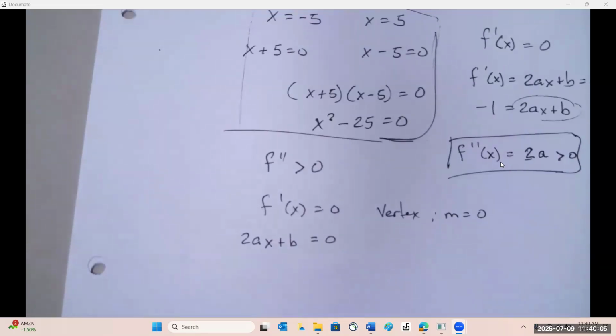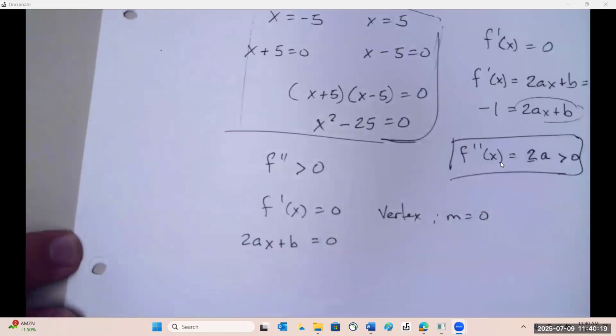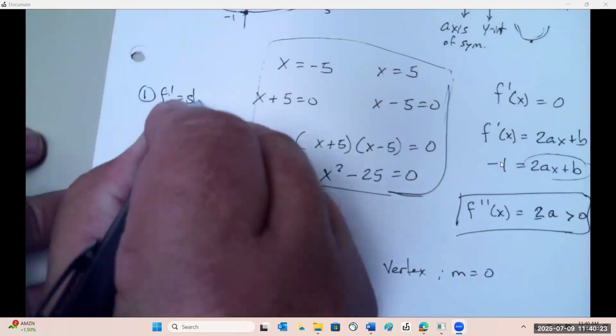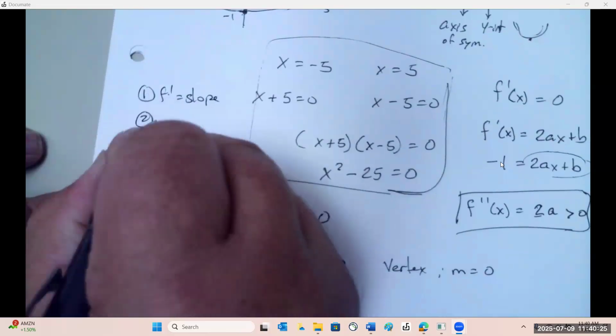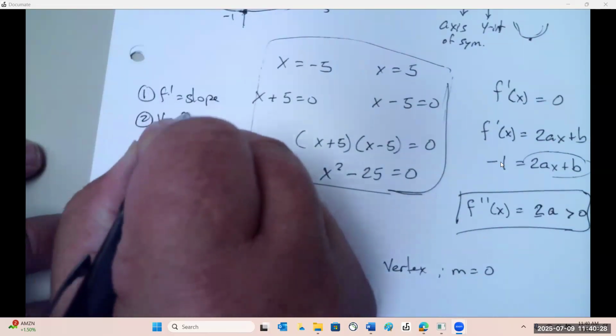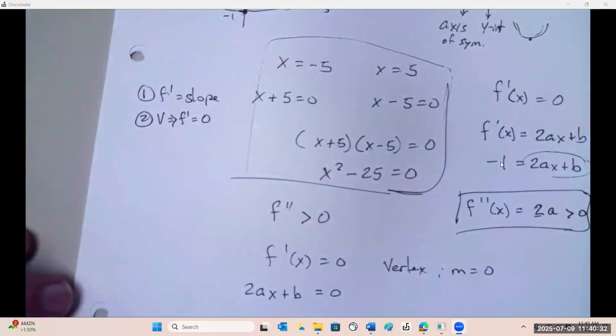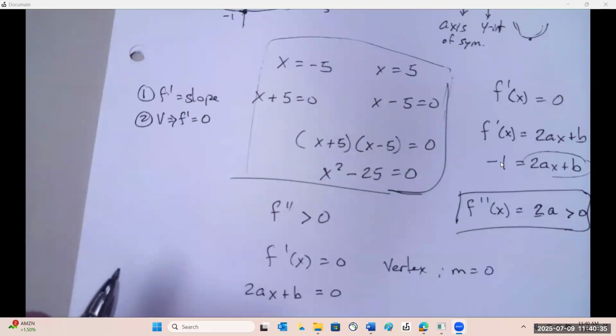Let's put together everything we've discussed the last couple of days. The vertex occurs where the first derivative equals 0.